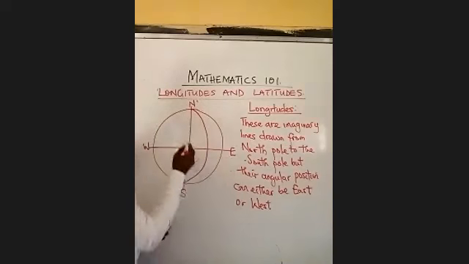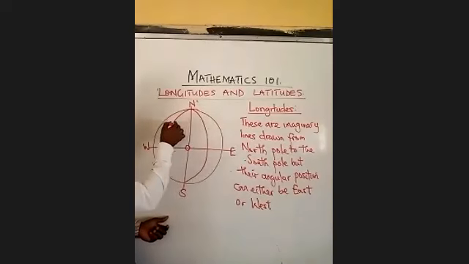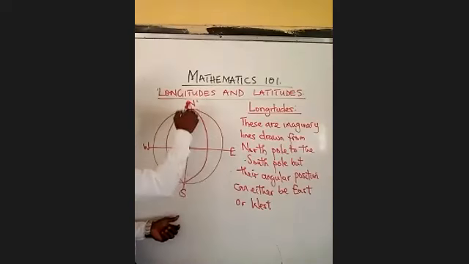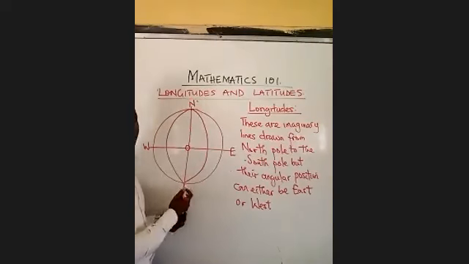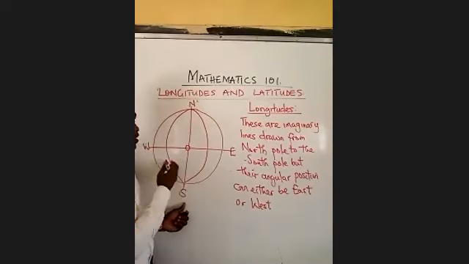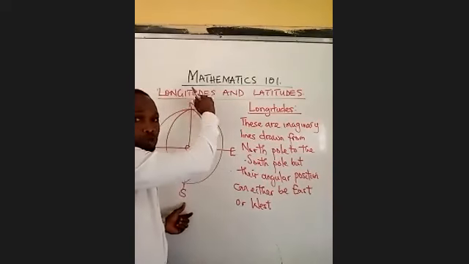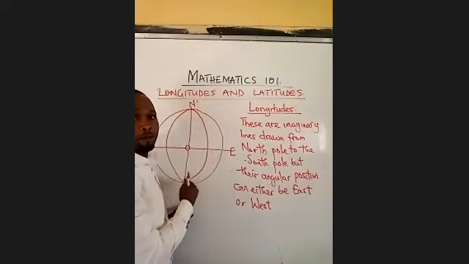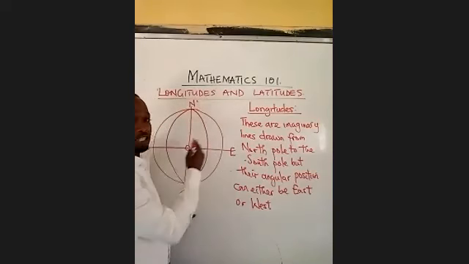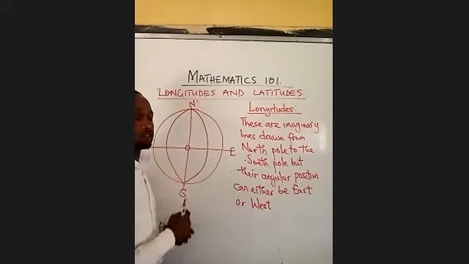So if I should have another one from north pole to the south pole, it's also what? Longitude. And what is the angular position of this one? It is west. So I have to remind you that longitudes are imaginary lines drawn from north pole to the what? To the south pole. But the angular position can either be what? East or west. Take note of that.